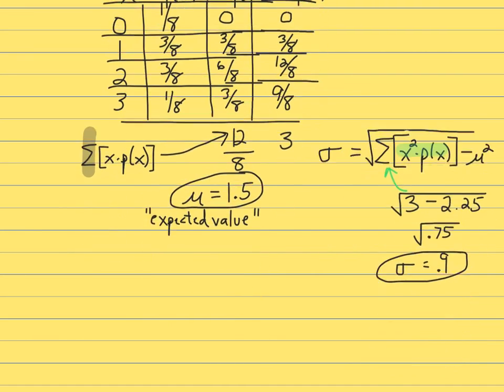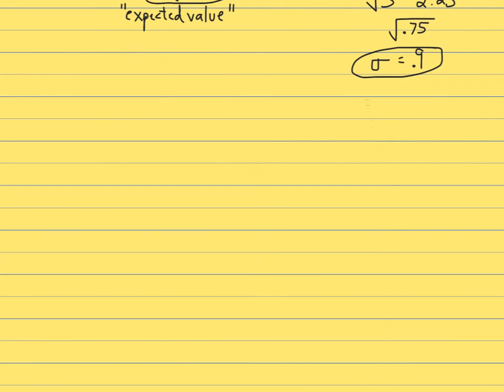Okay, your turn. Here's what I want you to do. This is your mission for class today. You are going to construct a probability distribution, and you're going to find the mean and standard deviation of a spinner game with the following criteria.